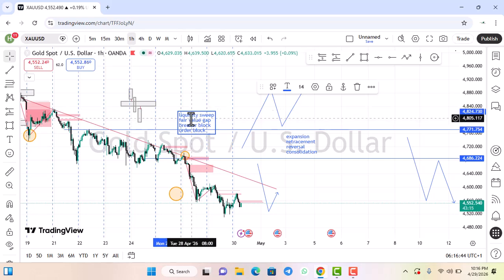These are the order flows price respects, and I'm going to explain these order flows one after the other. The first order flow is liquidity sweep, then the second one is fair value gap, the third one is breaker block, and the last one is order block. These are the four major order flows that price respects anytime price moves in the opposite direction of the current trend.